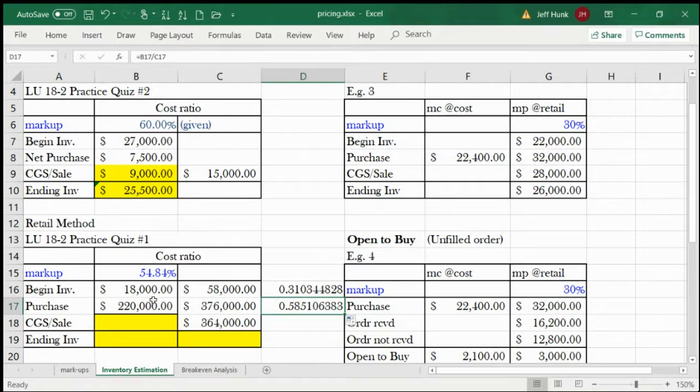Beginning inventory is actually the ending inventory from the previous operating period, month or quarter. Let's say the previous quarter.